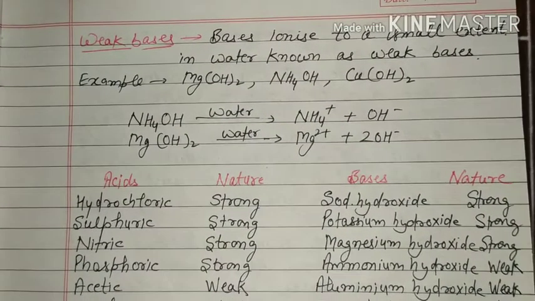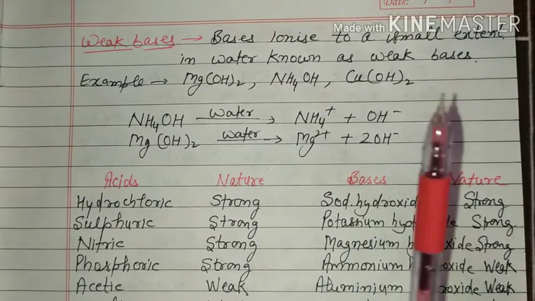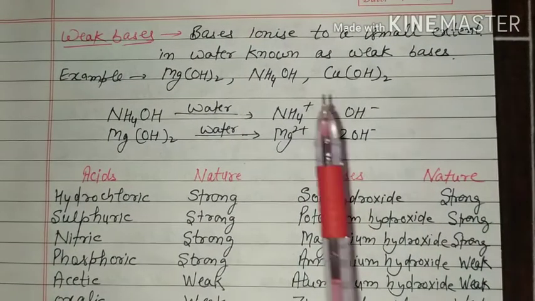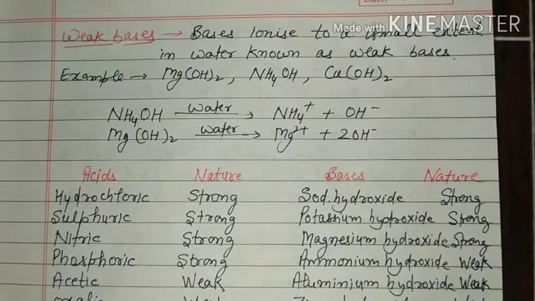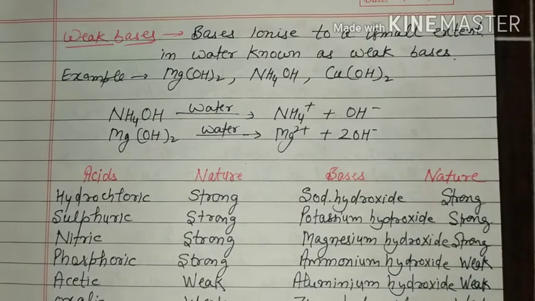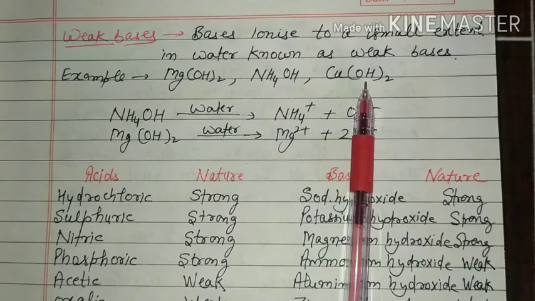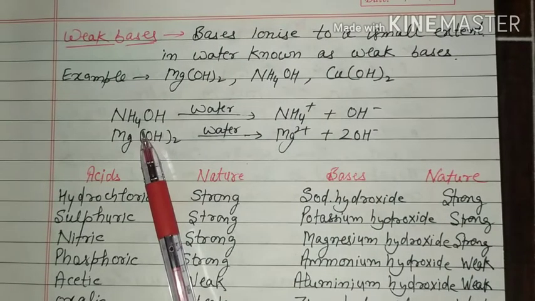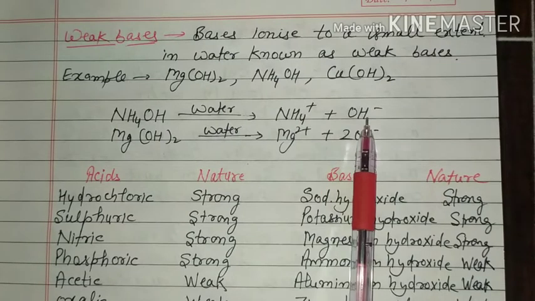Same point I repeat here: bases which ionize to a smaller extent, meaning they give fewer OH negative or hydroxyl ions in water, are known as weak bases. Examples are magnesium hydroxide, ammonium hydroxide and copper hydroxide. Ammonium hydroxide when dissolved in water gives ammonium positive and hydroxyl negative.